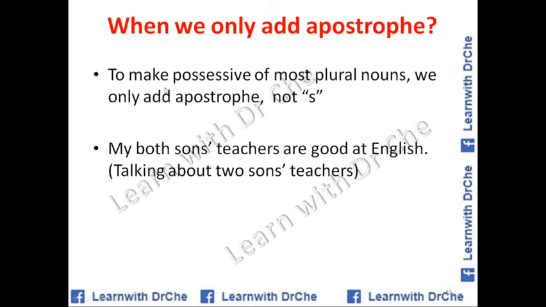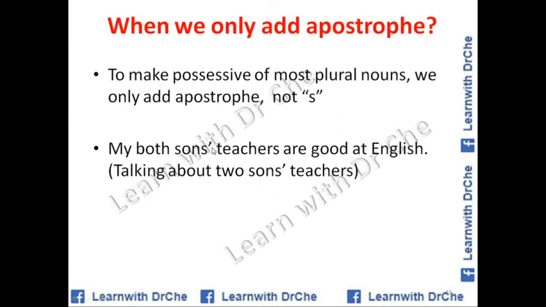To make the possessive of most plural nouns, we only add an apostrophe, not S. For example, sons is already a plural, and when we want to make it possessive, we only use an apostrophe.